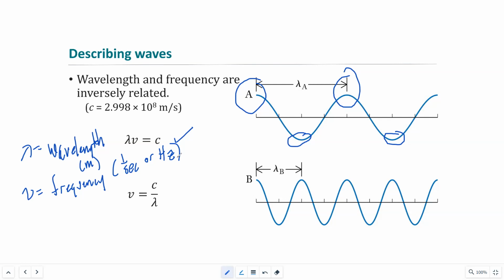And so the relationships between those two variables are as follows in this equation. We can rearrange this equation to figure out the frequency of any light based upon the speed of light, which is a constant, and the wavelength of light in meters.